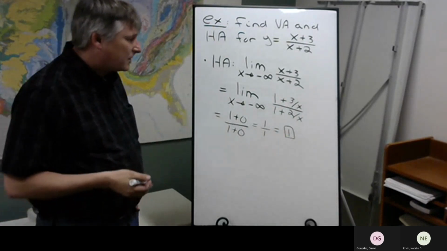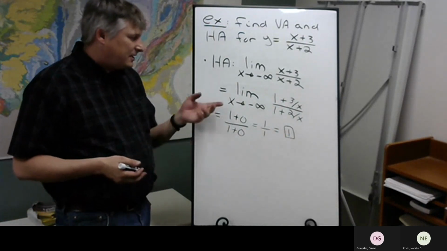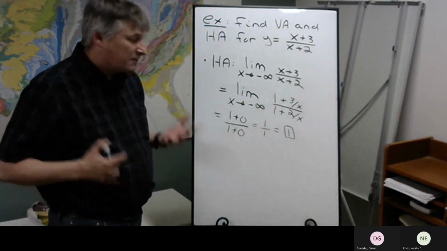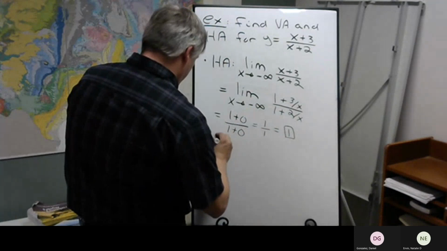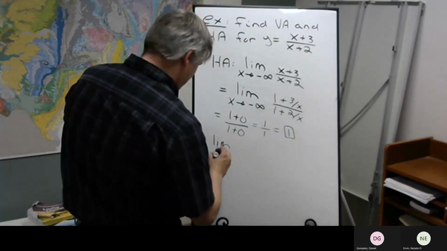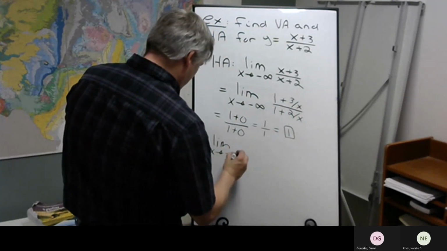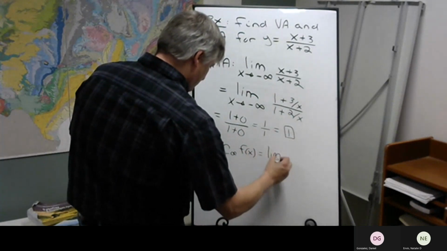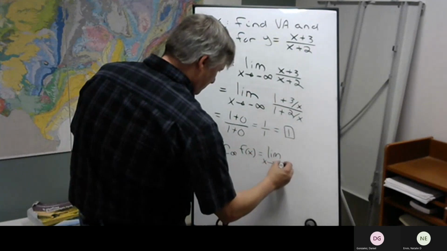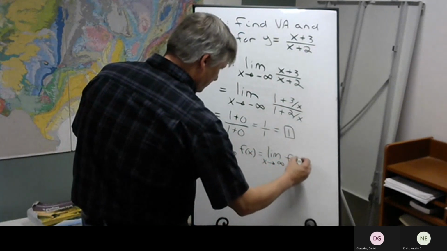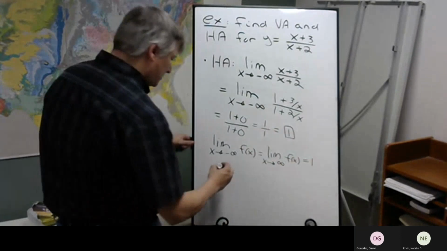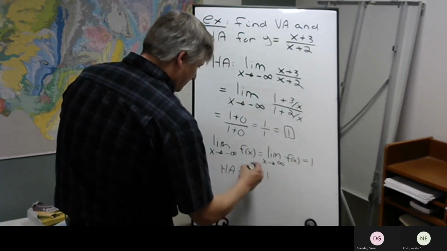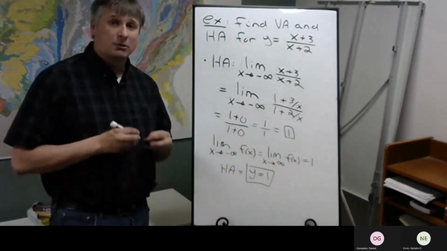So for finding the horizontal asymptote, because the limit as x goes to positive infinity and as x goes to negative infinity are the same, the horizontal asymptote is equal to y equals 1.